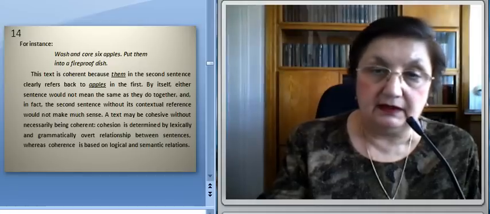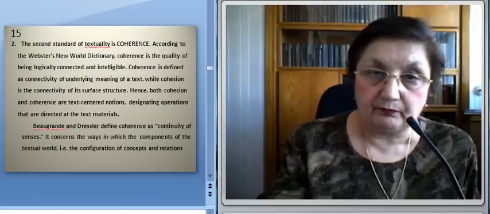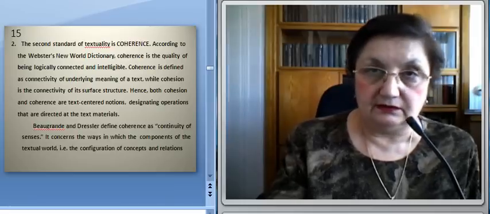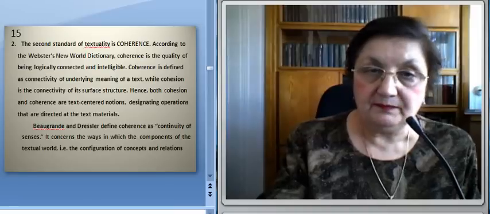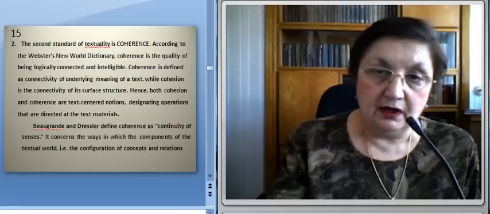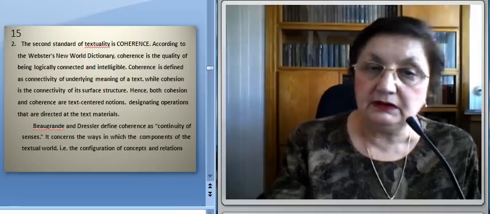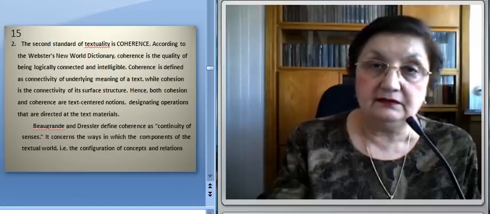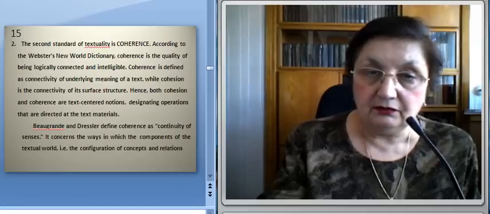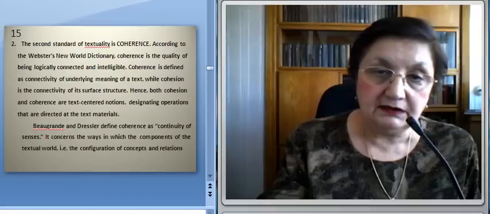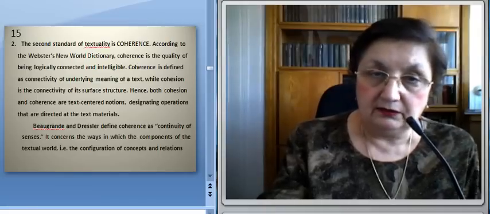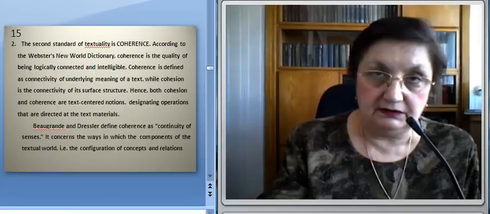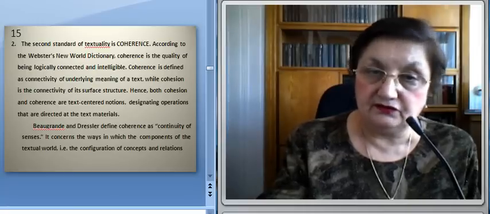According to Webster's New Dictionary, coherence is the quality of being logically connected and intelligible. Coherence is defined as connectivity of underlying meaning of the text, while cohesion is the connectivity of its surface structure. Hence, both cohesion and coherence are text-centered notions designating operations that are directed at the text materials.